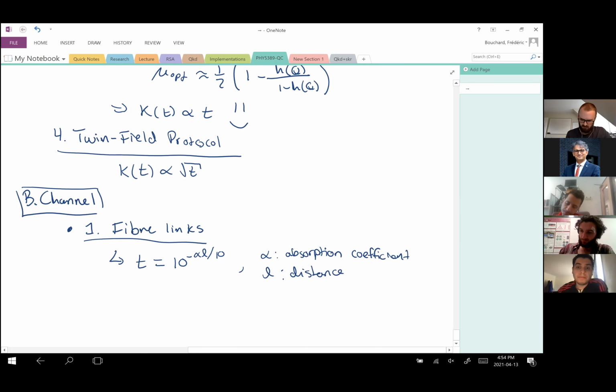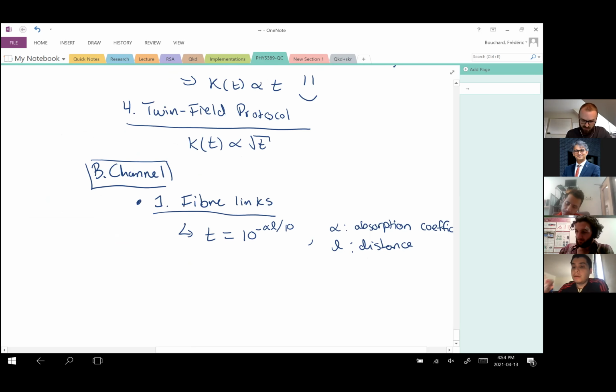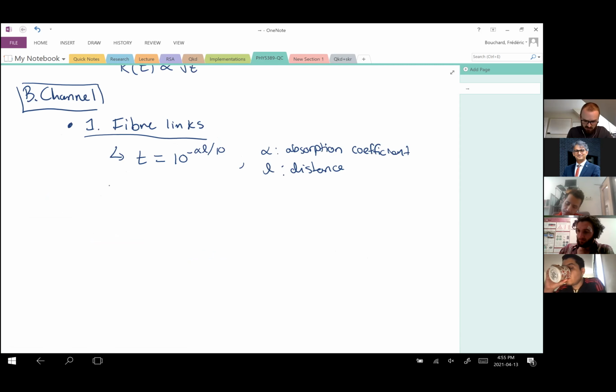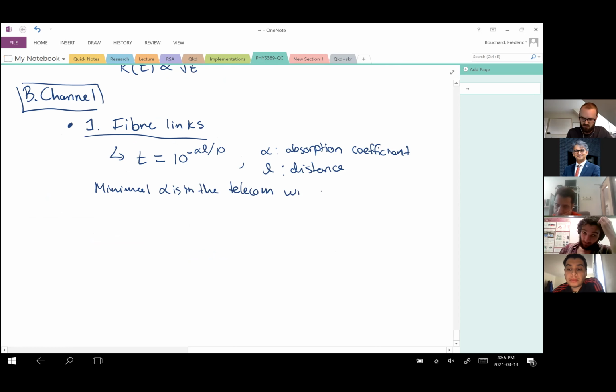Okay. And in fibers, the minimal alpha is in the telecom region, so around 1550 nanometers. This is why all of the classical communication is at that wavelength.